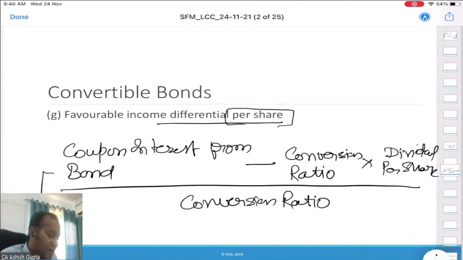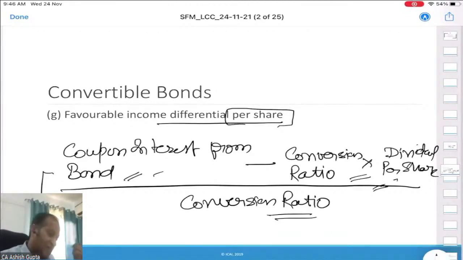It can be negative or it can be positive, depending on whether our coupon rate is more than our dividend. In the market, when we talk about equity shares, you get value from two things: one is capital gain, another is regular income, which is normally in the form of dividend. So sometimes we compare our annual regular income from the debenture or bond with our regular income from the equity share. By this we come to know our income differential per share.